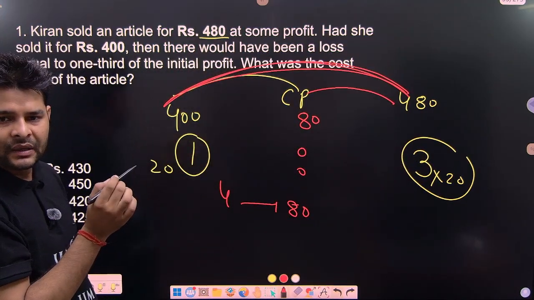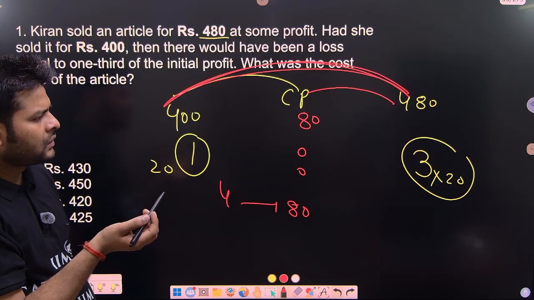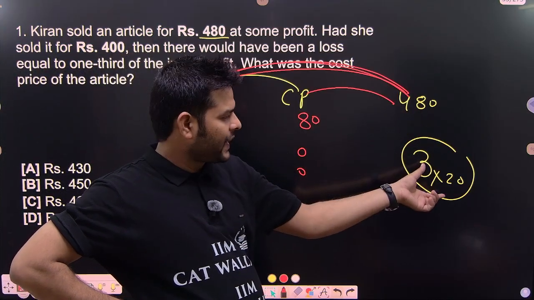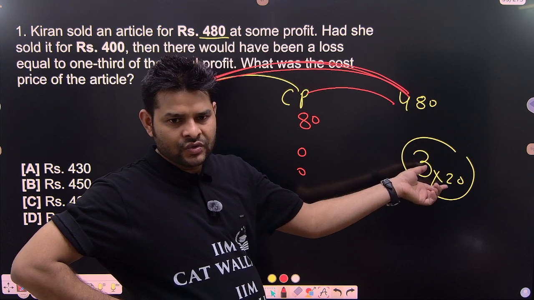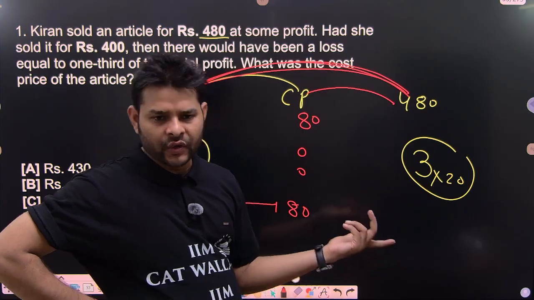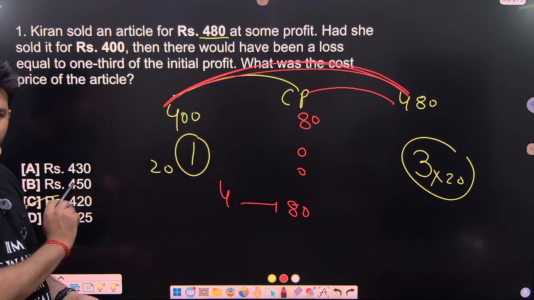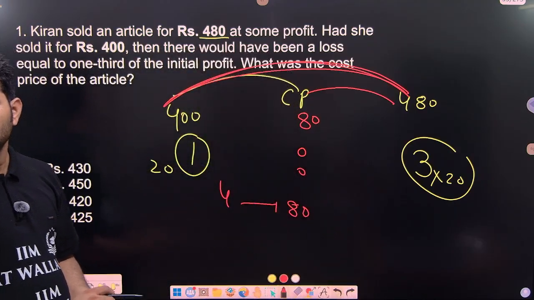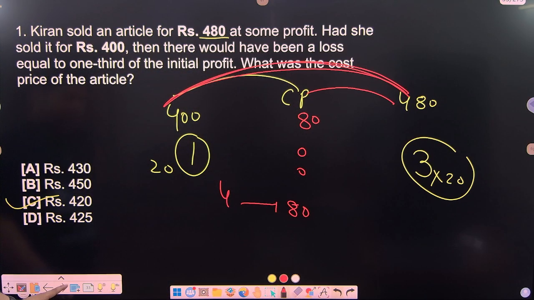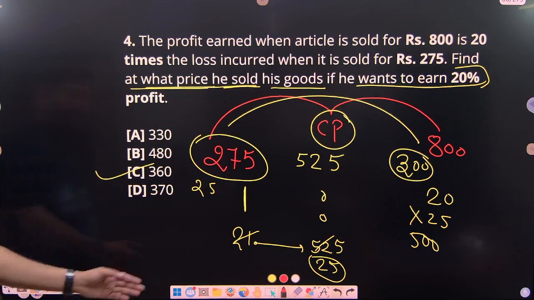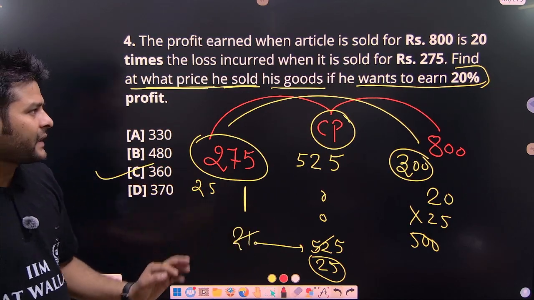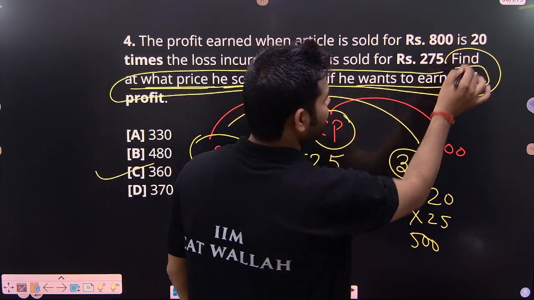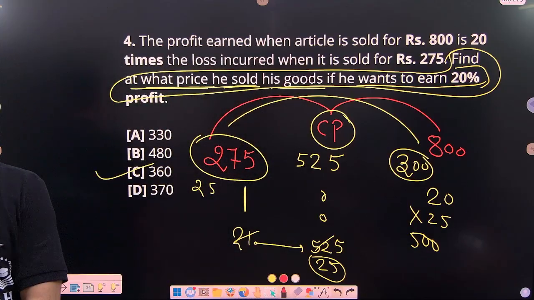So what would be CP? After selling the article at 480, we have a profit of 60 rupees, so CP would be 420. Exactly that method I have applied here. But that statement had been introduced individually. That would be your doubt, I think. Got it?